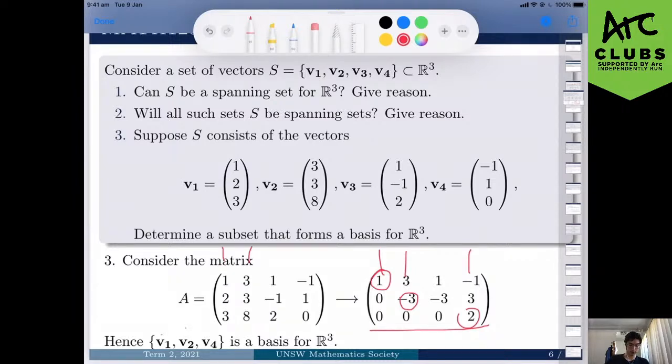So V1, V2, and V4 are linearly independent. We see that we've got a non-leading column. In that case, it means that V3 is in the span of V2 and V1. So this set's definitely not going to be linearly independent because V3 is in the span of V2 and V1.